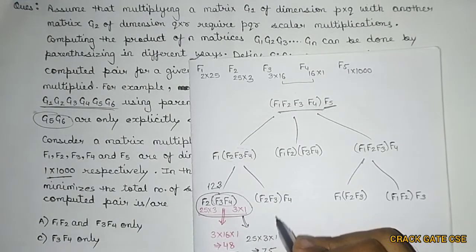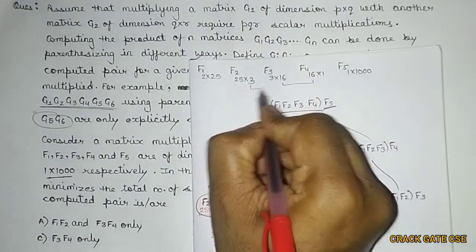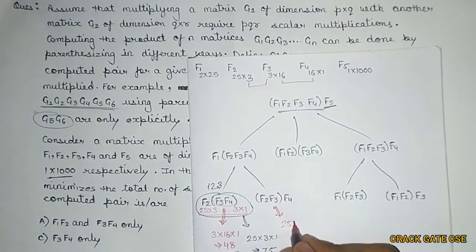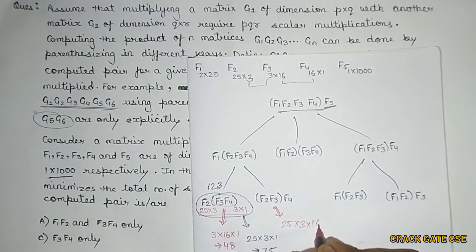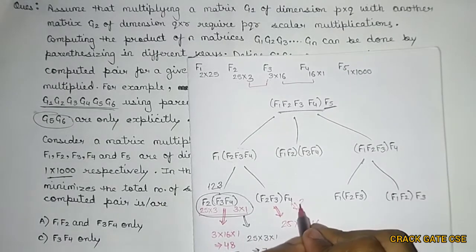Similarly we have to find out for this next one. So F2 F3. So for F2 F3, this is same, that means 25 into 3 into 16. So what it will be? 75 into 16. Similarly if you check for this F4, it is having dimension as 16 into 1.